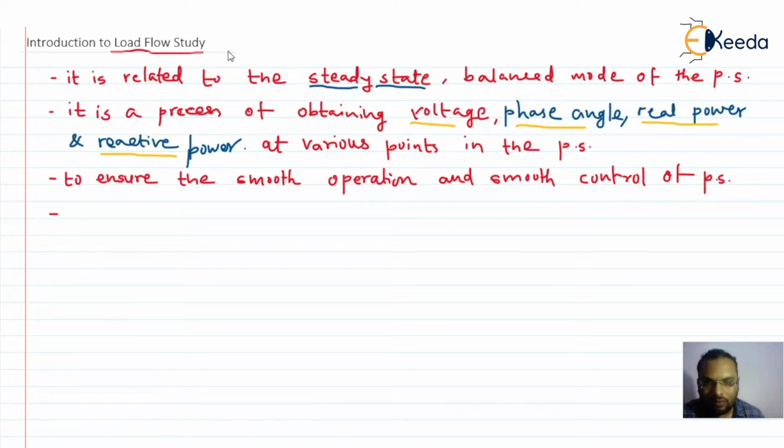We do this load flow study, and we obtain these four parameters at the various points in the power system, and with the help of those four parameters, we decide the operation and any control action required on the power system to ensure smooth operation. This is the important point related to the load flow study.